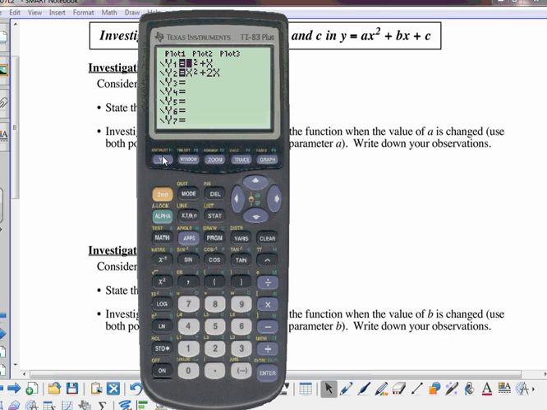Okay. The c value, very quickly, if I had x squared plus, let's say, 1 versus x squared plus 2. What do we say that constant does? It's your y-intercept. So if I graph the first one versus the second one, the c value changes the y-intercept.